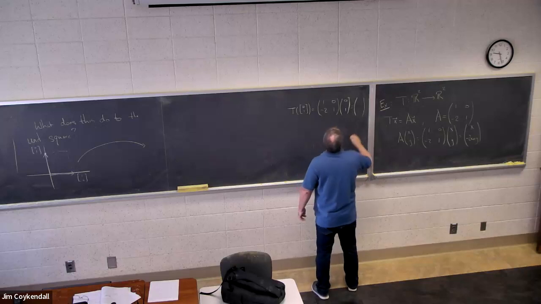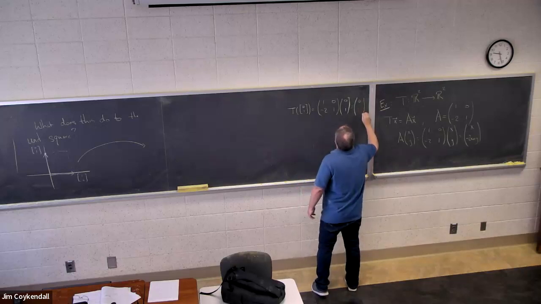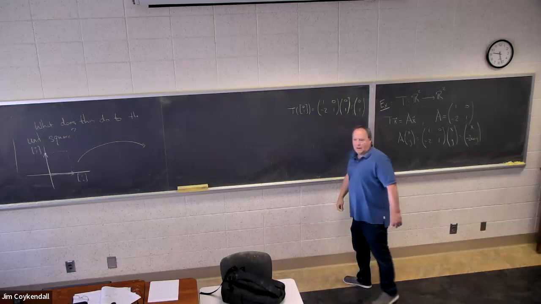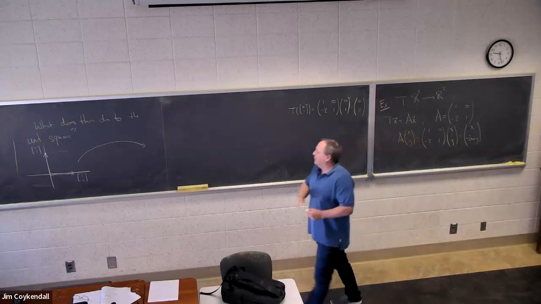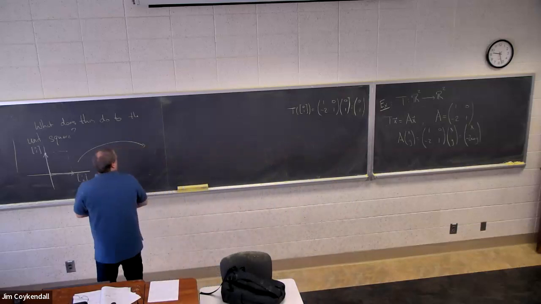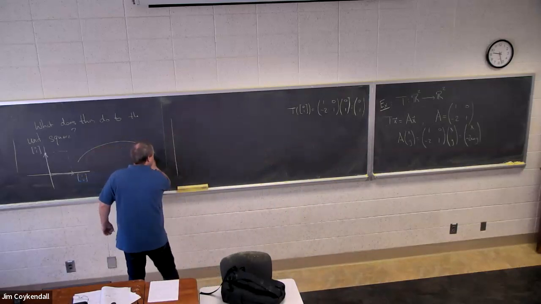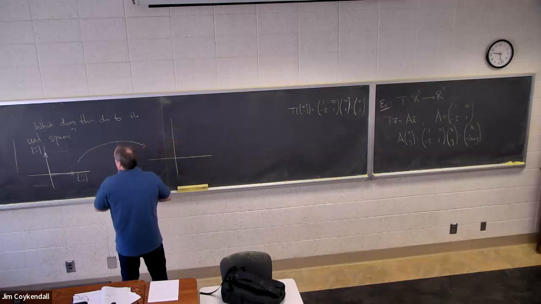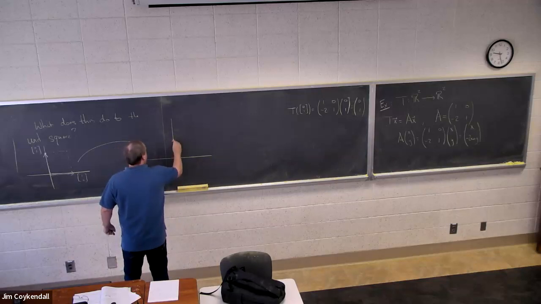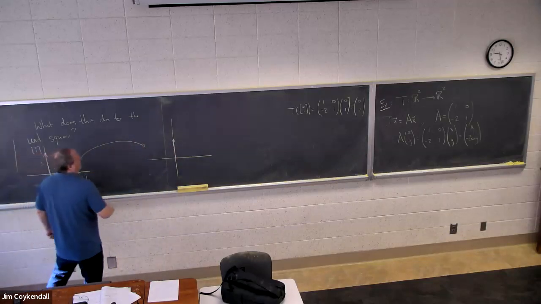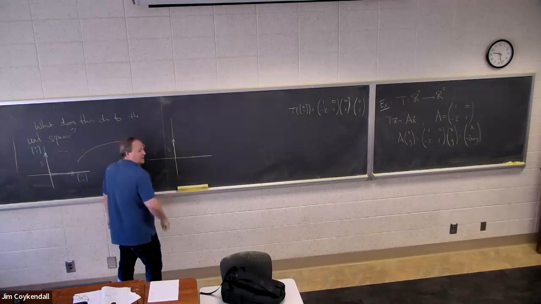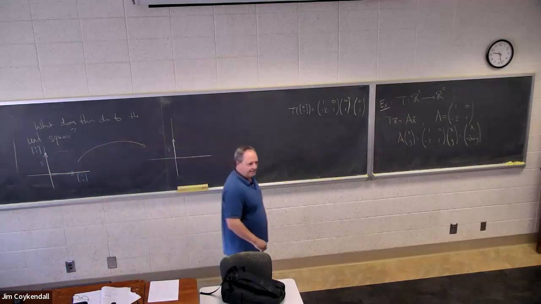And what do I get? I get 0 and I get 1. How about that? Left it alone. Everybody agree with that? So this stays the same. So I'll put a Roman numeral 1 here. That's where it is.